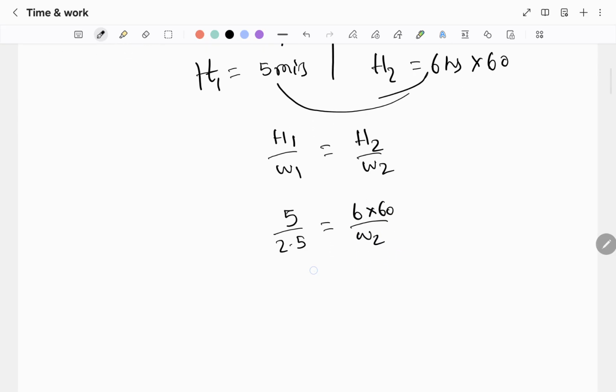So W2 is equal to, this 2.5, I transpose, this 0 into 2.5 becomes 25. 6 into 6 into 25 by 5. 5 ones, 5 fives. So 36 fives, 180. 180 feet square.